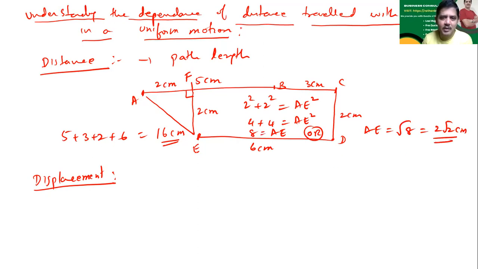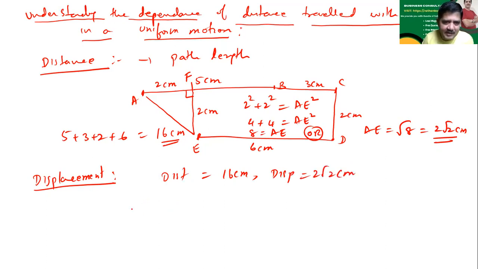So we have got the value of AE. Therefore, displacement we have calculated. The distance in this example is 16 centimeter, while displacement is equal to 2 root 2 centimeter.